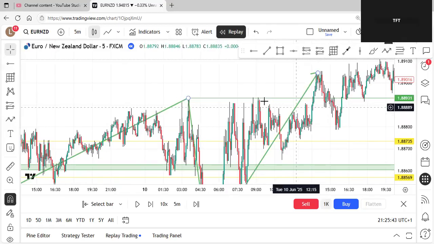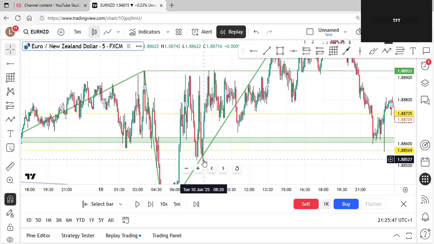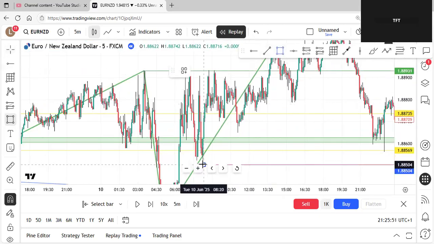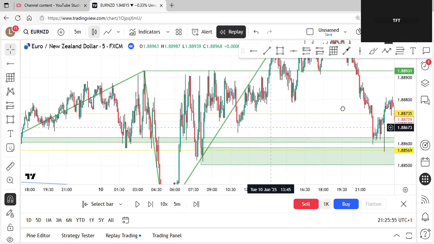I suppose that does close above it there. And what do we get? This push here that causes that push there. We've got a little something in there, no doubt.